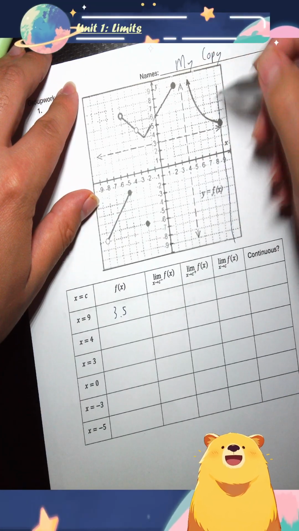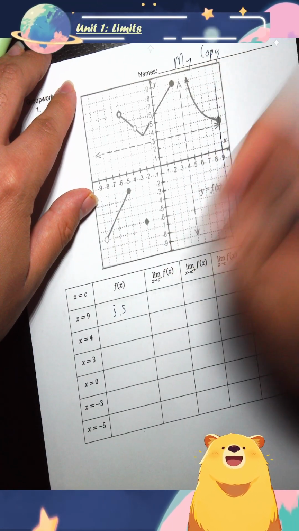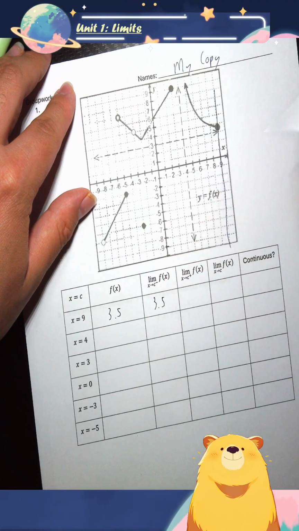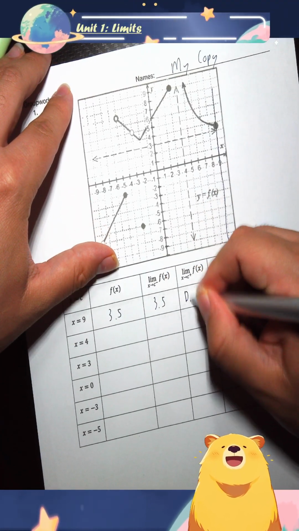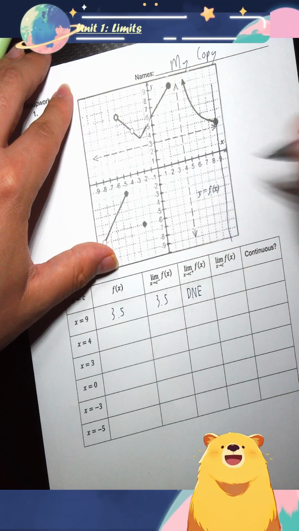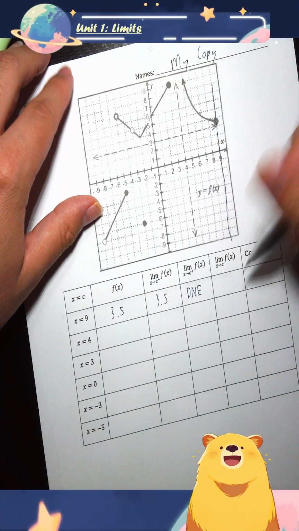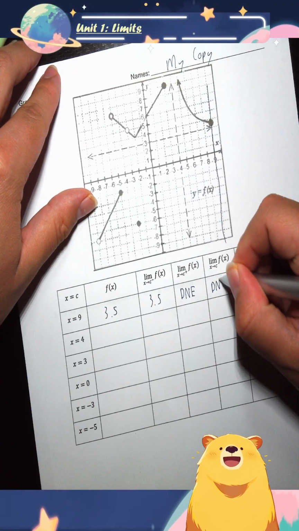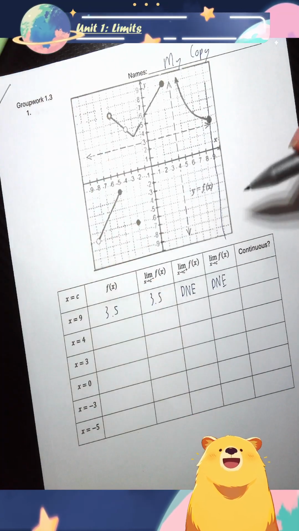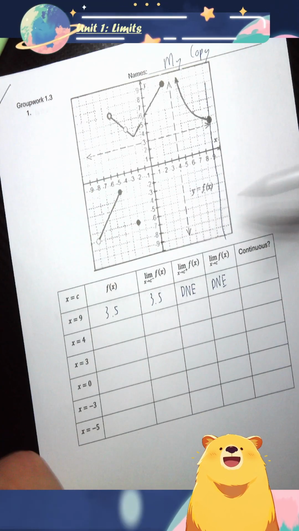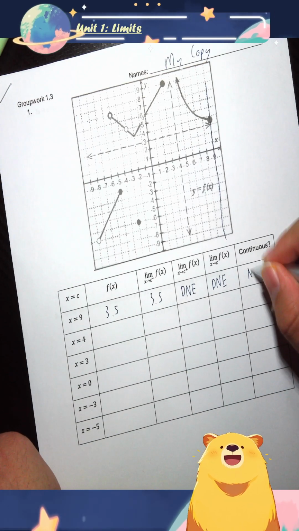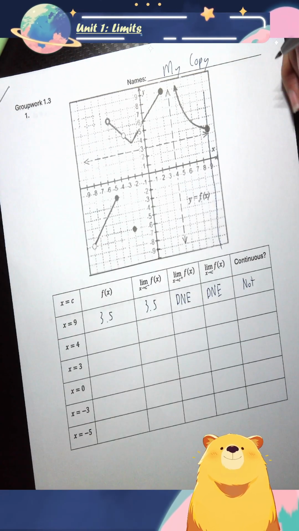The limit as it comes from the left is, as we see here, technically 3.5. The limit as it comes from the right does not exist because there's not a right of this value. The limit altogether then does not exist. And because we see that even though that exists, this limit does not exist, it is not continuous.